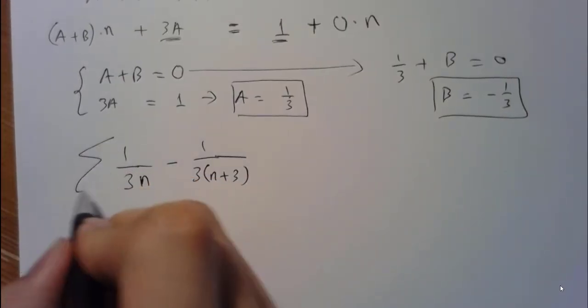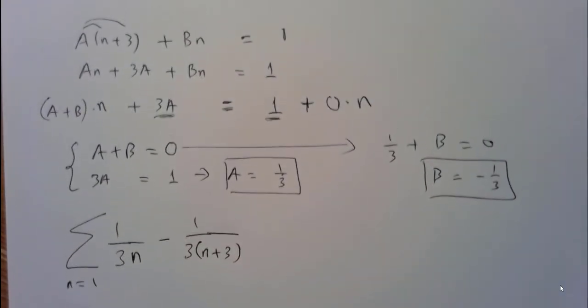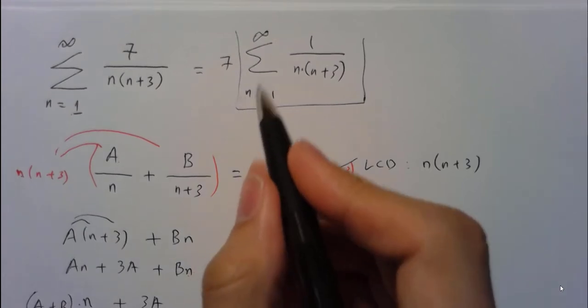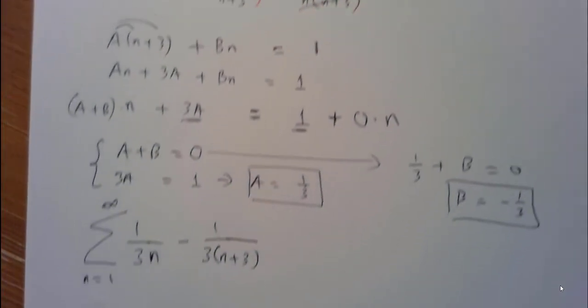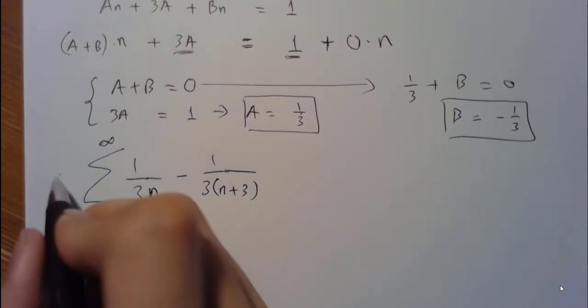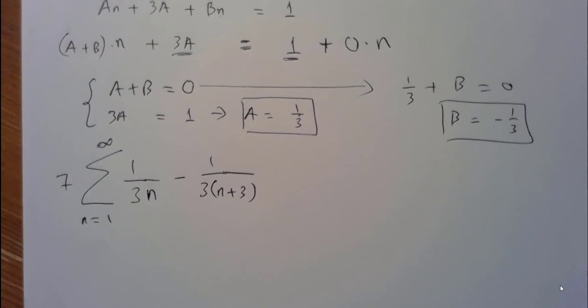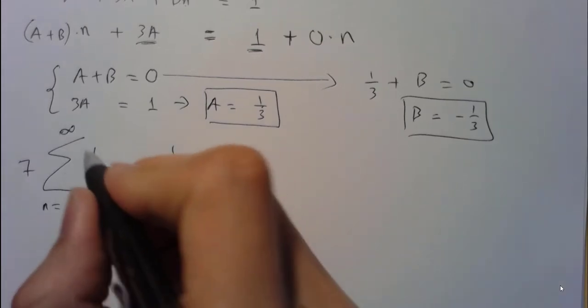And don't forget that this is the sum of n going from 1 up to infinity, right? And don't forget the 7. Now it's time for me to plug the 7 back here.